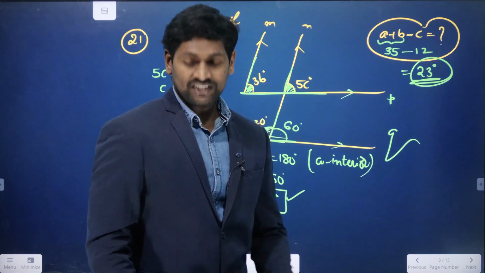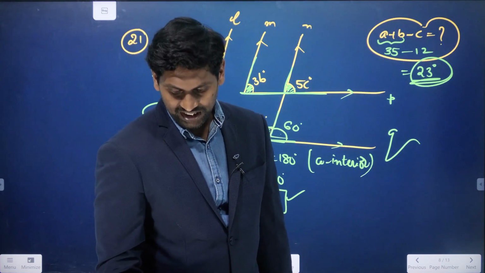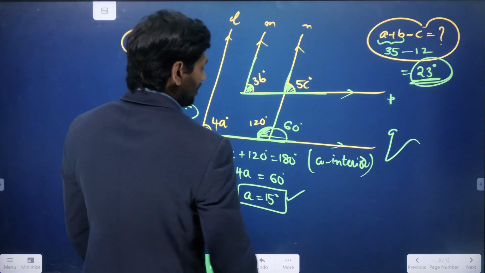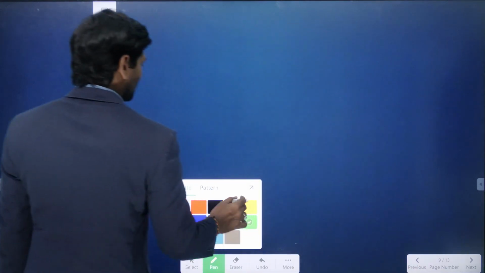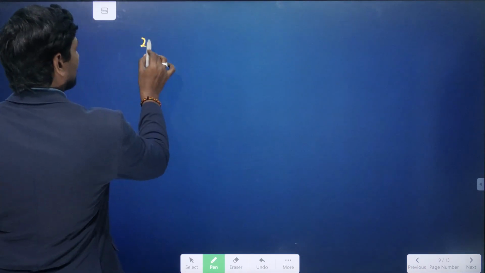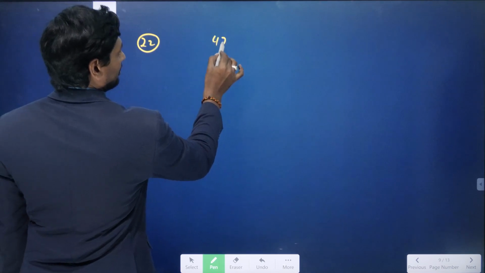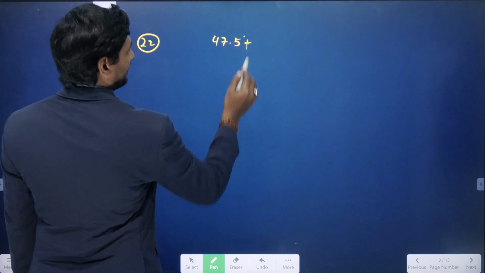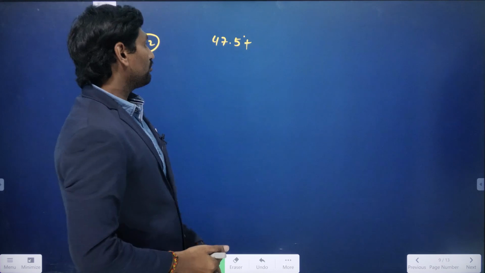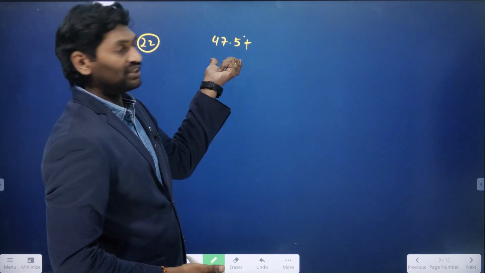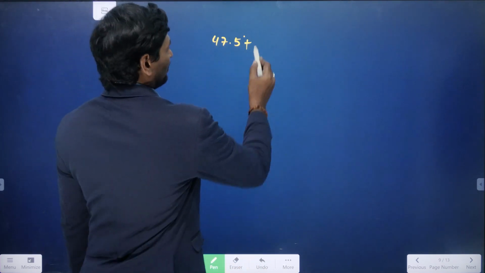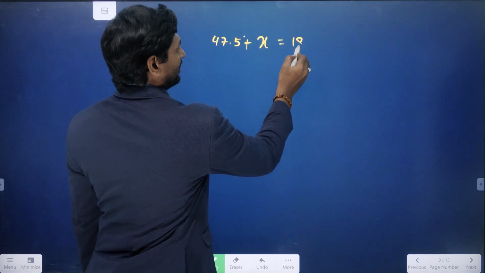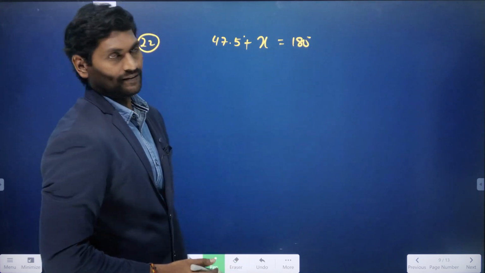Right, the 22nd one: the supplementary angle of 47.5 degrees. What are called supplementary angles? Supplementary angles are nothing but two angles whose sum is 180. So I would like to find the supplementary angle of 47.5, where the sum of two angles is 180 degrees. I have taken the supplementary angle as x.